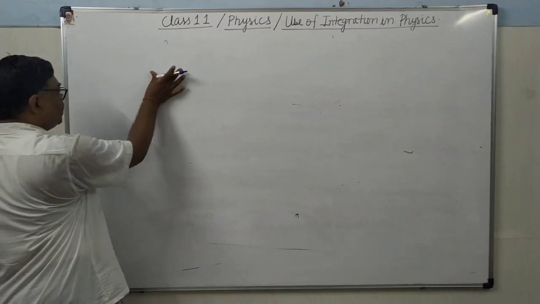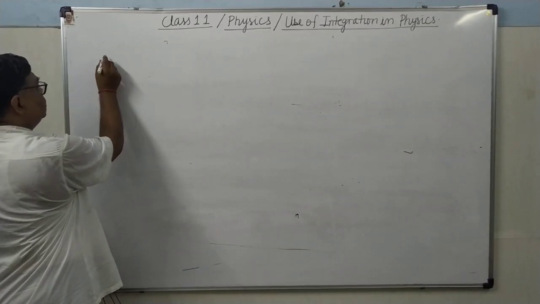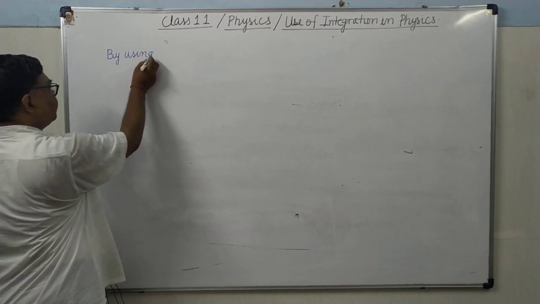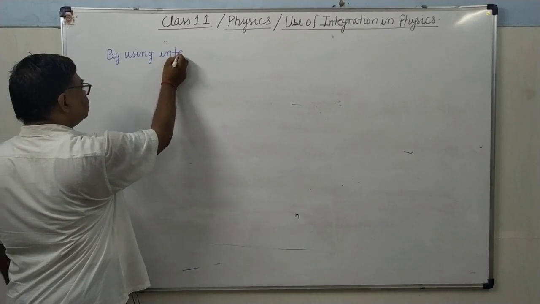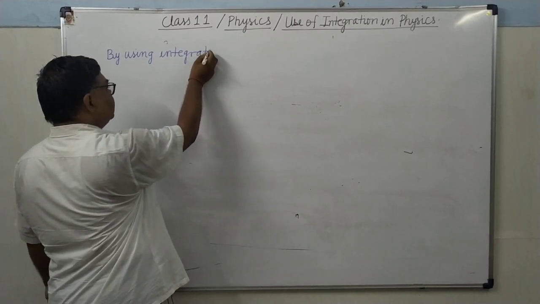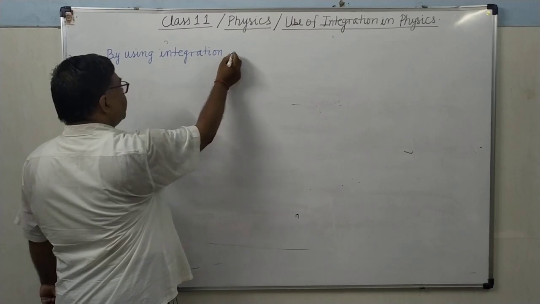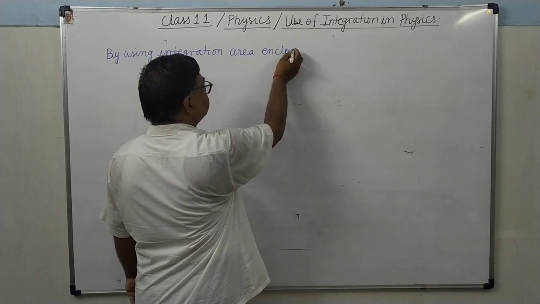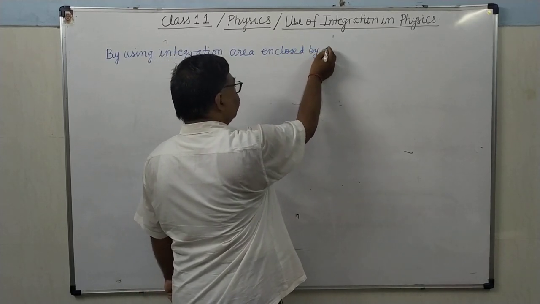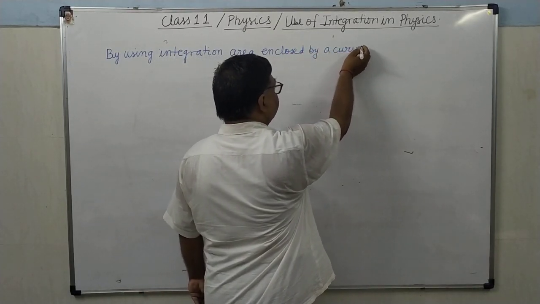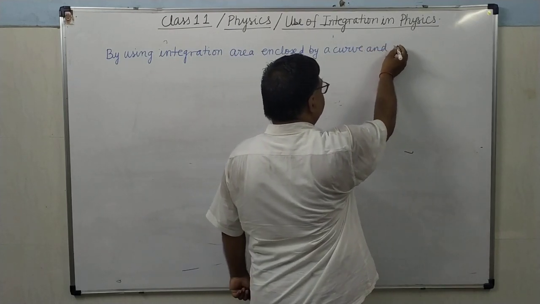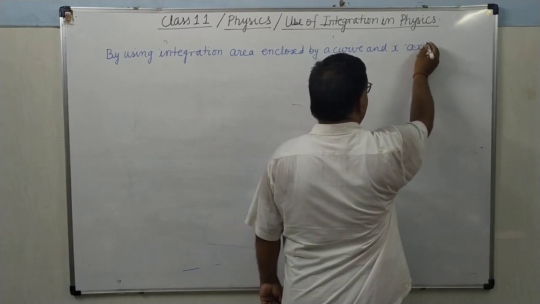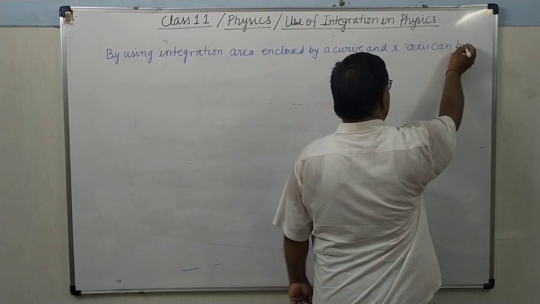What is the use of integration in physics? Its use is that by using integration, the area enclosed by a curve and x-axis can be found.